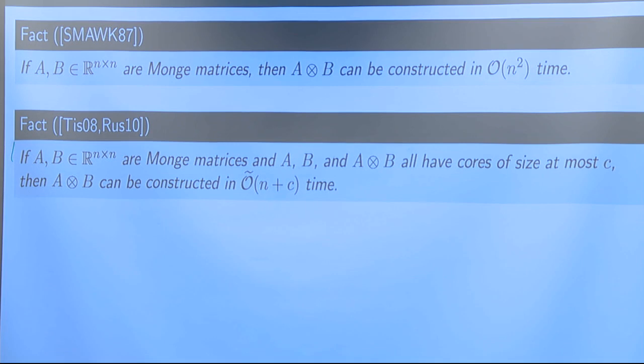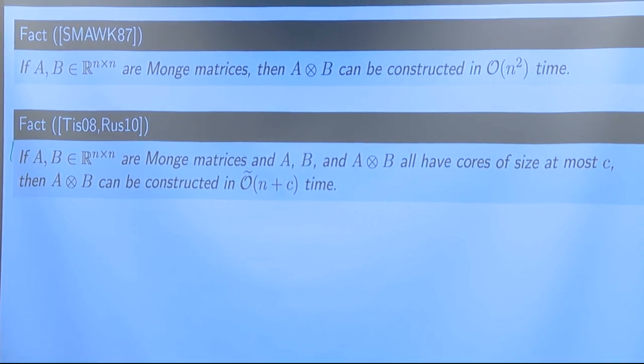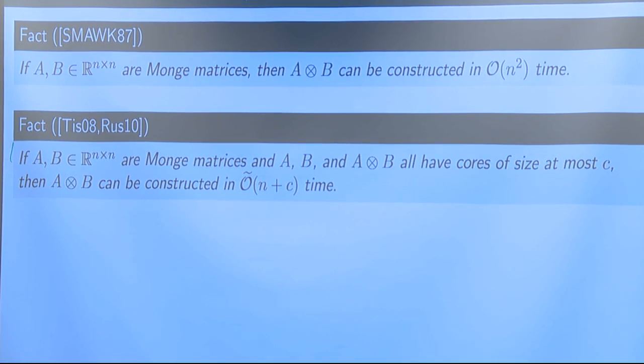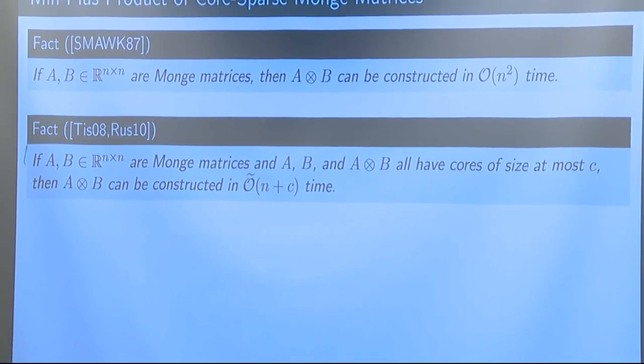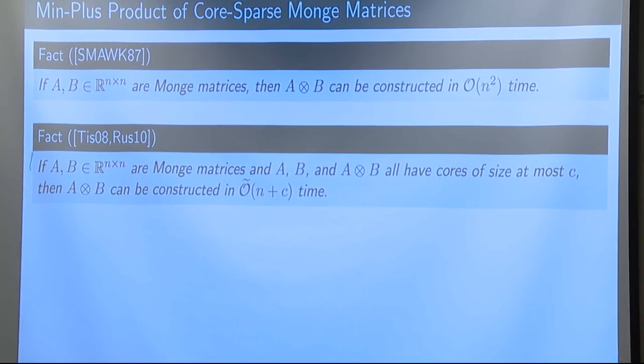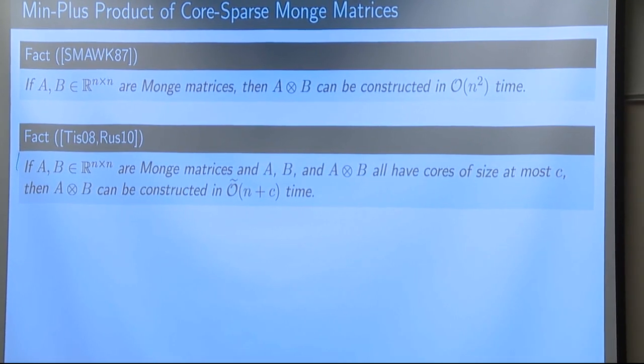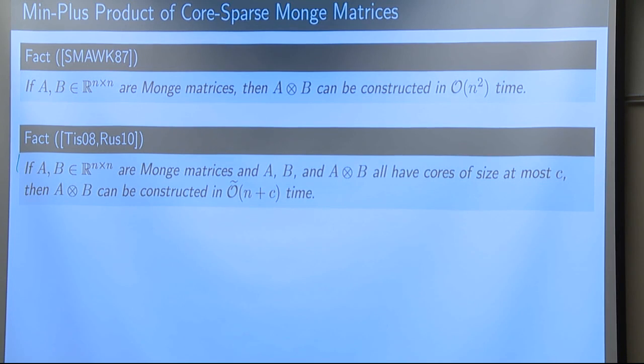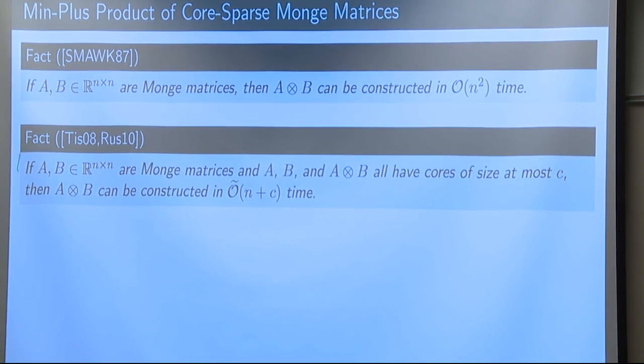And here the bound on the size of the core needs to be true both for the input matrices of the min-plus product and also for the product matrix. But in our case, all the matrices we are computing are distance matrices. And we already showed that their core is of size linear in the length of the strings.